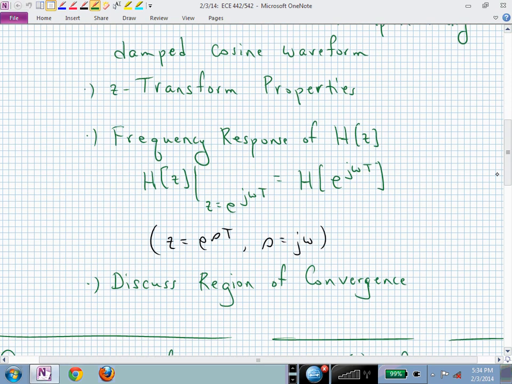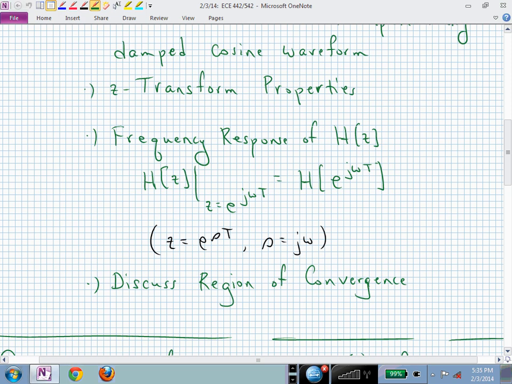But that's what I'm trying to illustrate here, that we are looking at H of z when we replace z with this particular curve right on the boundary of the unit circle. That's when z is equal to e to the j omega T. We know that z is equal to e to the sT. Now we can look at what happens when we replace s with the imaginary axis.